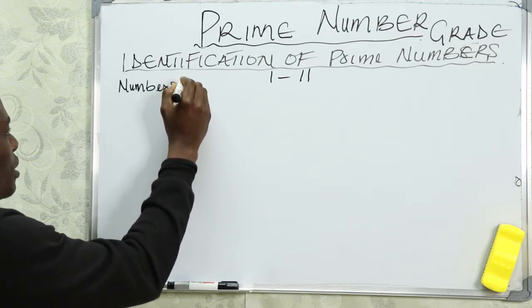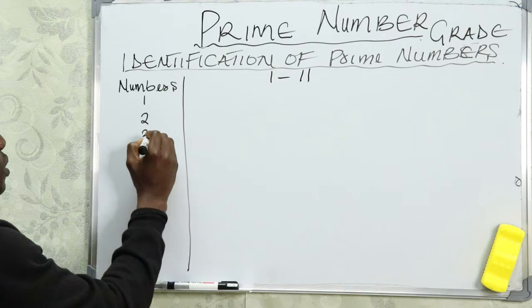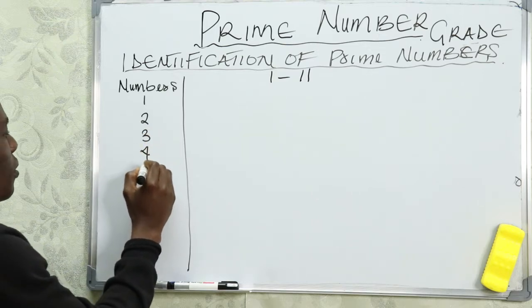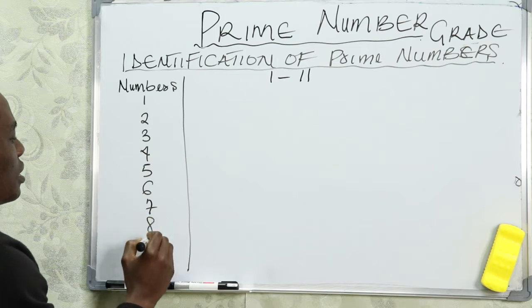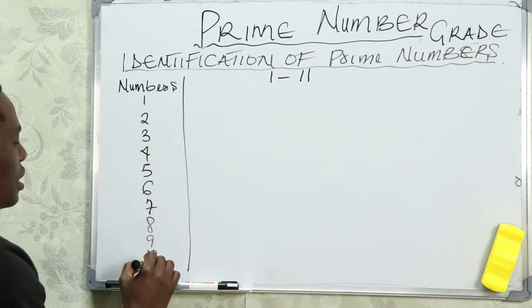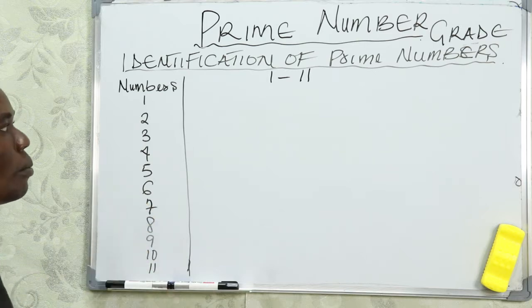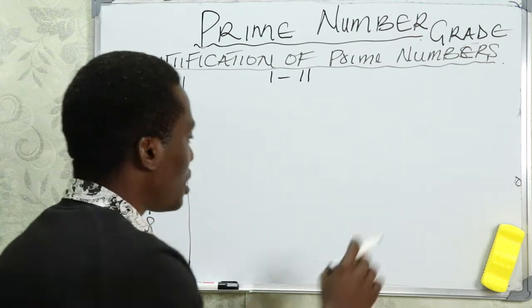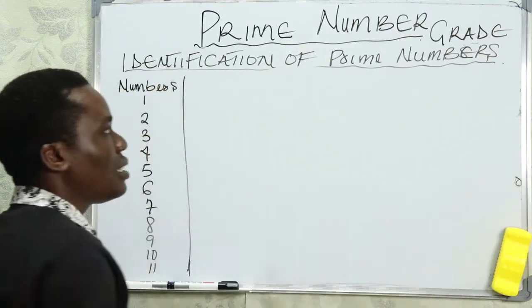We'll have our numbers 1 to 11: 1, 2, 3, 4, 5, 6, 7, 8, 9, 10, and 11. I want us to look at these numbers one after another, and after this we are going to look at how we analyze them.